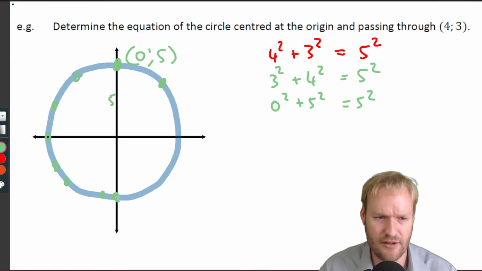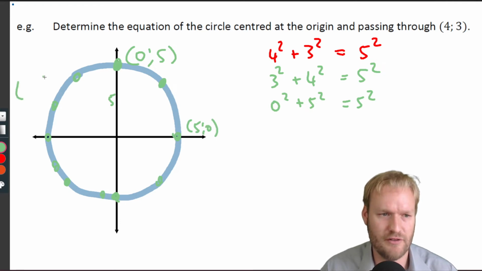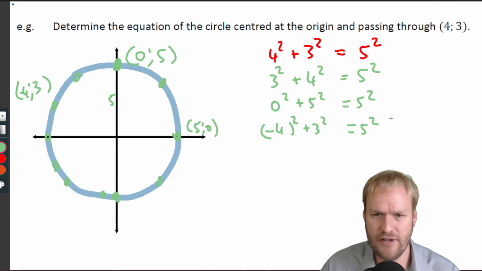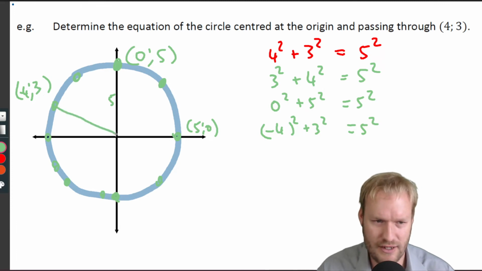That point down there, this point here. Well, this one here is at 5, 0. We've got a point maybe over here, which is at minus 4, 3. Well, let's just check. Minus 4 squared plus 3 squared equals 5 squared. Always seems to work. And that radius is always 5, because that's what's defining our circle.